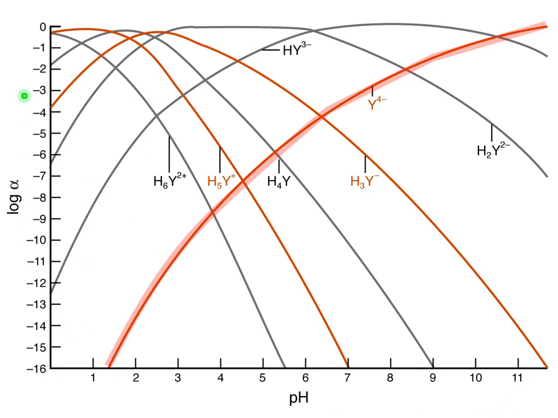Here is the fraction of each form in log scale from 0, 100%, to very small, 10 to the negative 6.